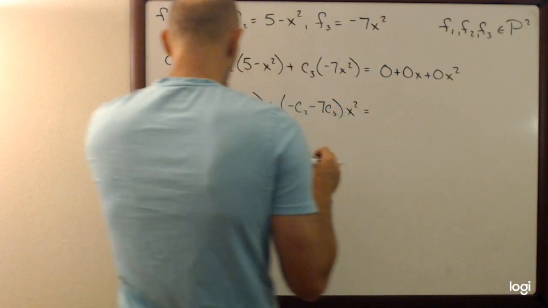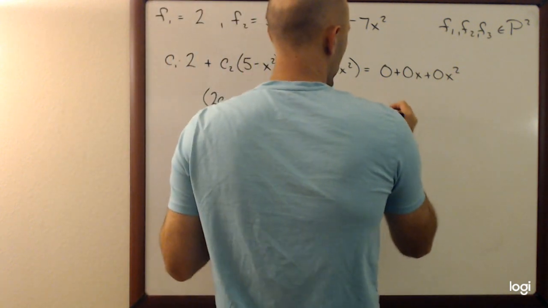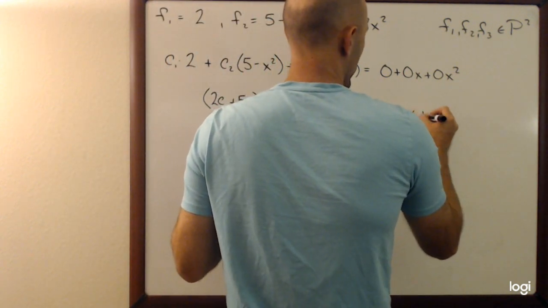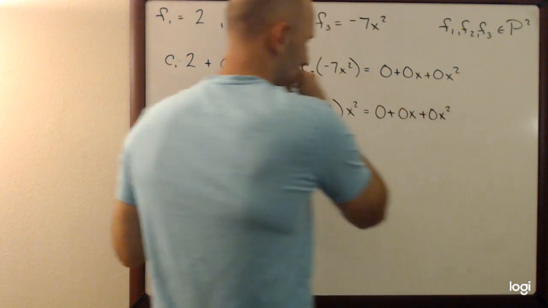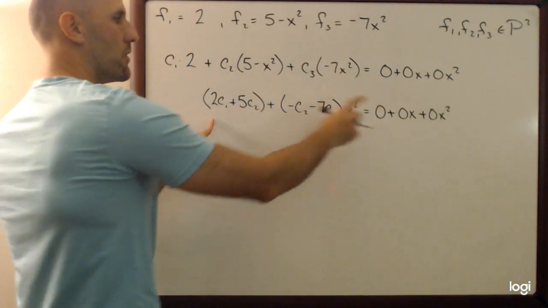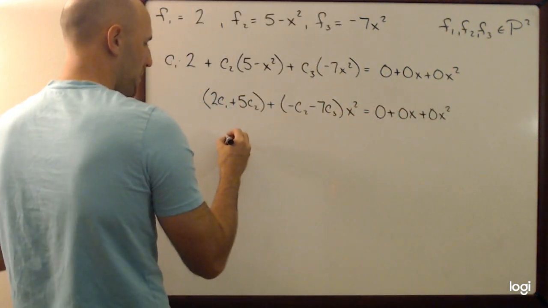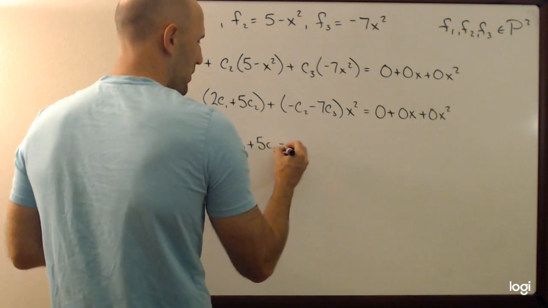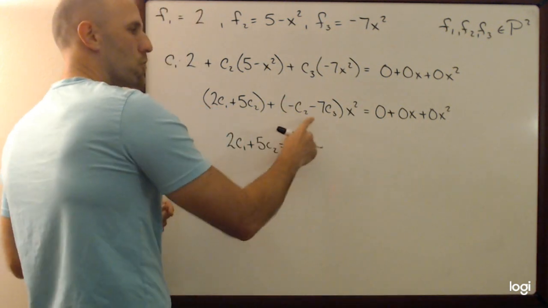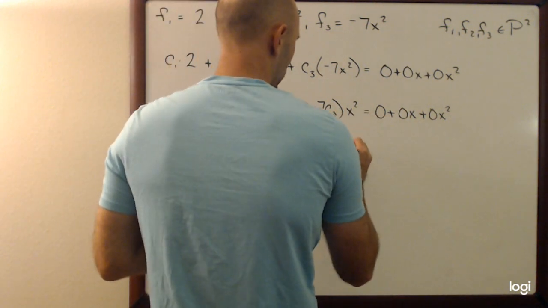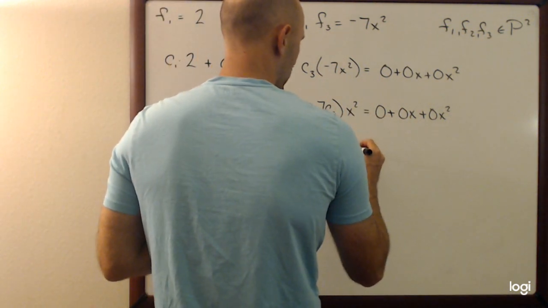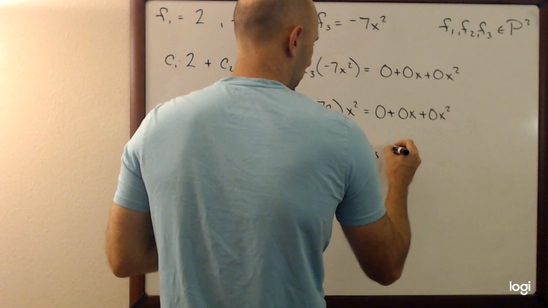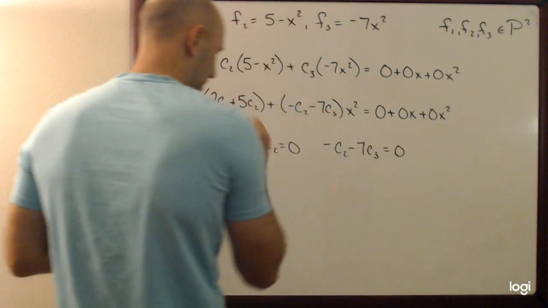All right, so remember, the left-hand side and the right-hand side have to have the same coefficients. So here my constant coefficient on the left is equal to my constant coefficient on the right. That gives me 2C1 plus 5C2 is equal to 0. Same thing is true for my quadratic coefficient, which tells me negative C2 minus 7C3 is equal to 0.